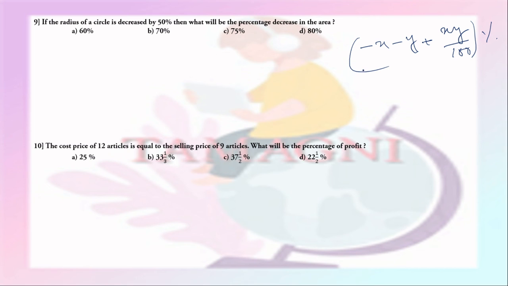Here one quantity is decreased first by x%, then by y%, and the total decrement will be given by this expression. Here we shall apply this in the case of the area of a circle. Since the radius is decreased by 50%, we shall use minus 50 minus 50 plus 50 into 50 by 100%.